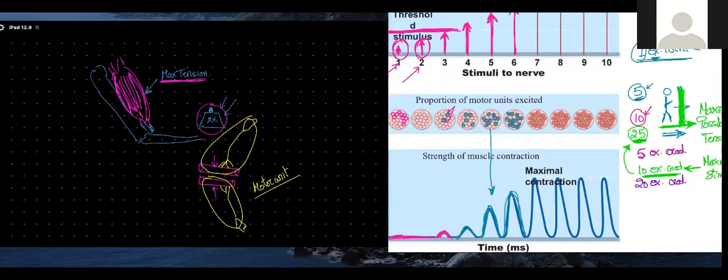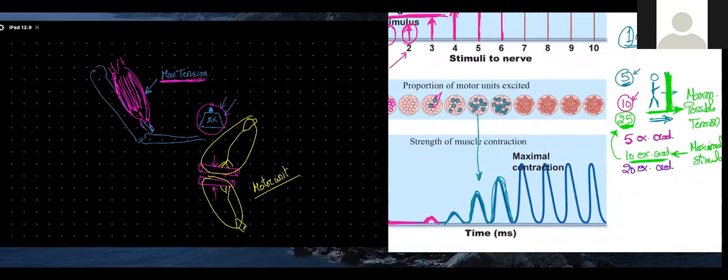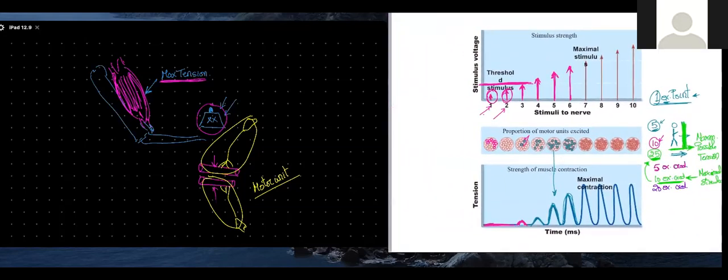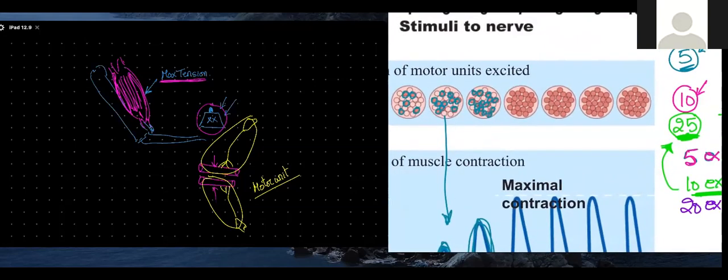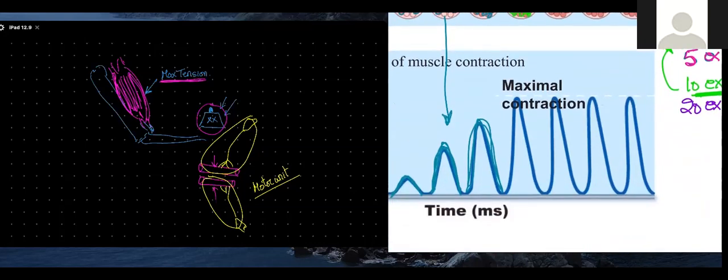The maximal possible tension in a muscle, if I received a maximal stimulus, will do what? It will cause the recruitment of all muscle fibers located within the muscle. All muscle fibers within the muscle have already been recruited. This results in a maximal muscle contraction.